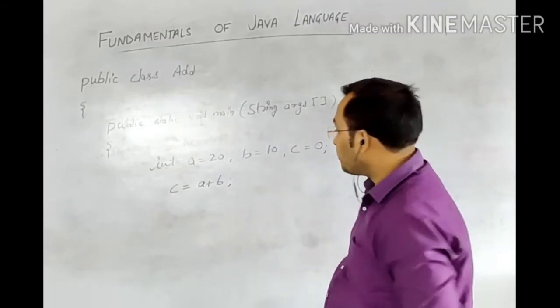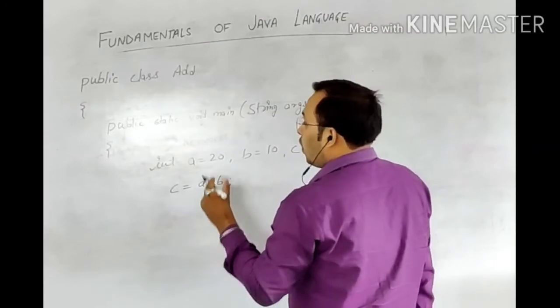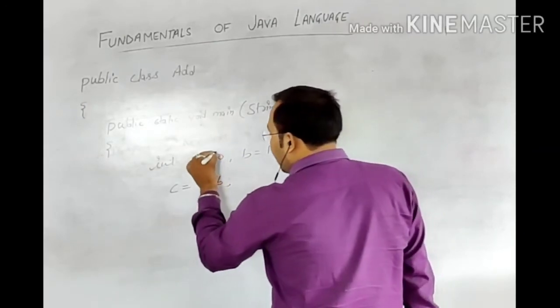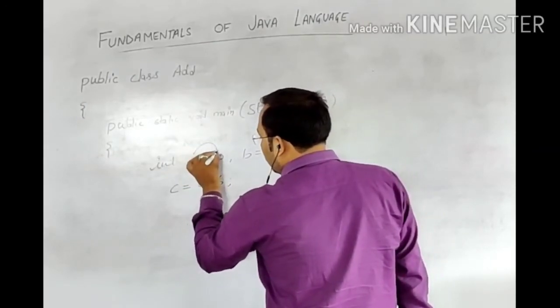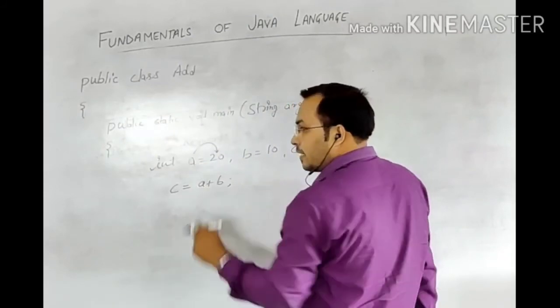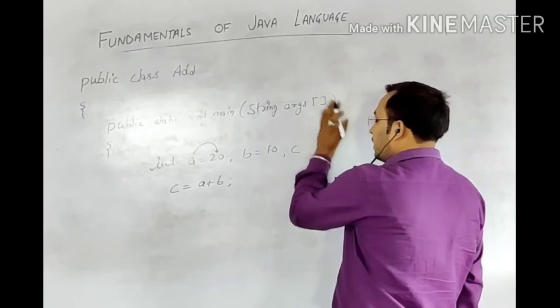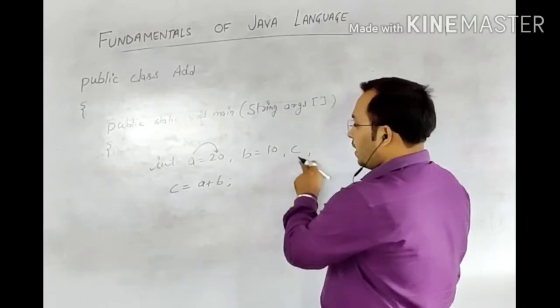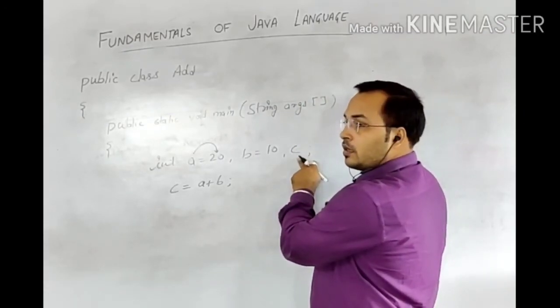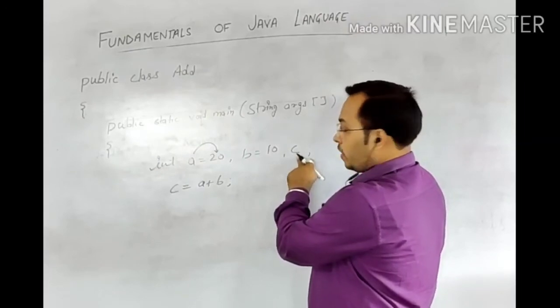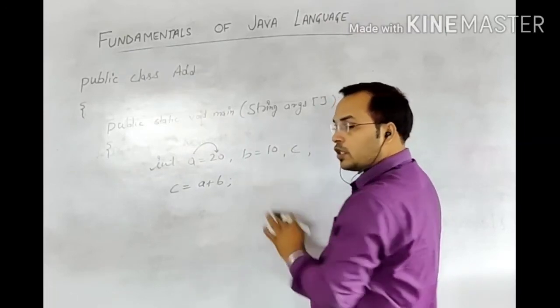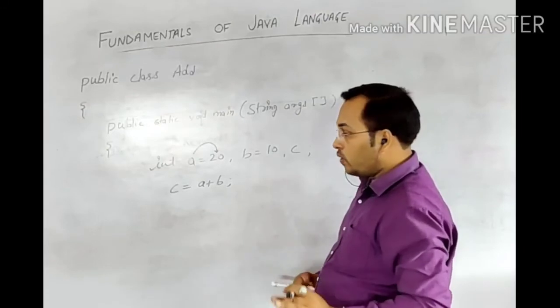Okay. So now, what is initialization? When I assign a value 20 to a, that is known as initialization. Here, I have not given anything to c, I am just declaring a variable c with no value.